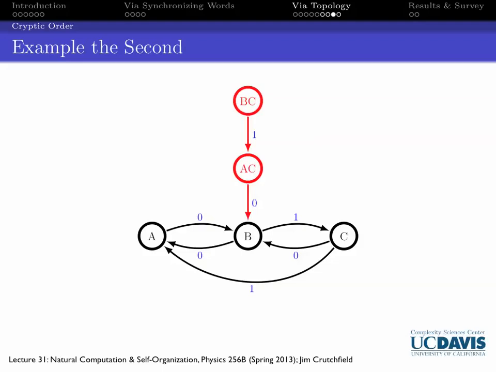And once we see that 1, we knew we were in state B. And before we were in state B, we were in state A. And before A, we were in B, going back and forth and back and forth. But we might have then seen a 0, 1 to start with. And we don't know whether it was this 0, 1 or this 0, 1. And so we end up with a cryptic order of 2.